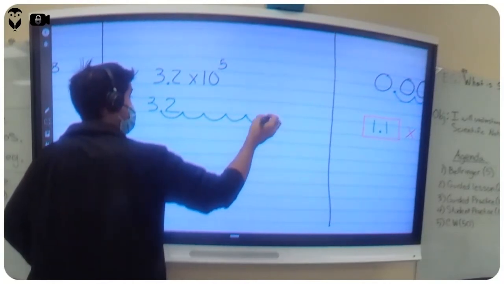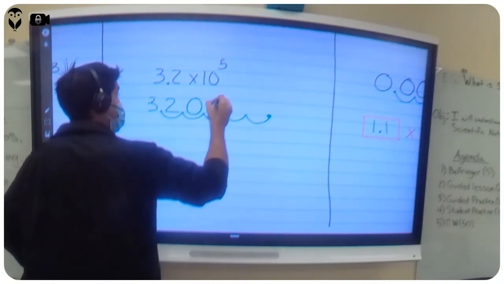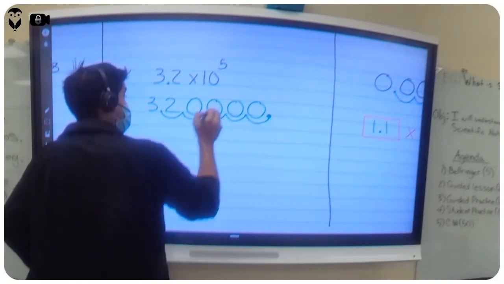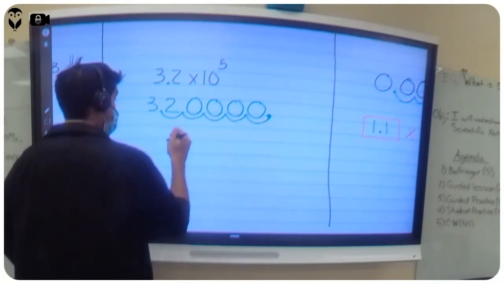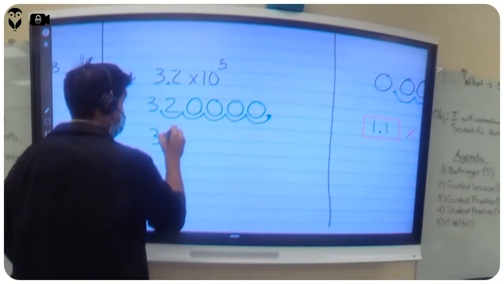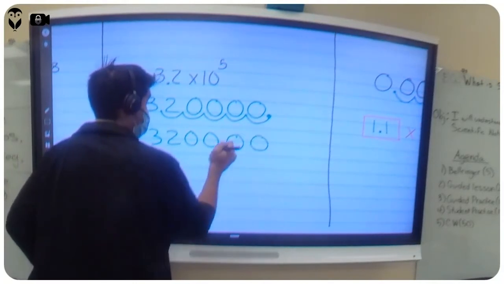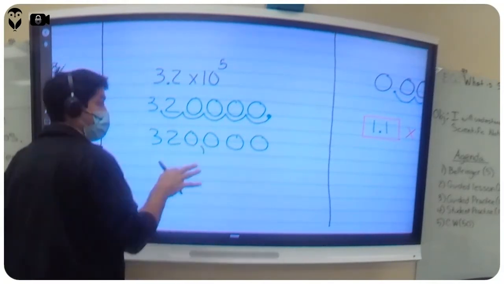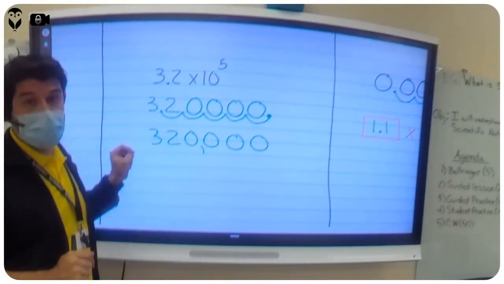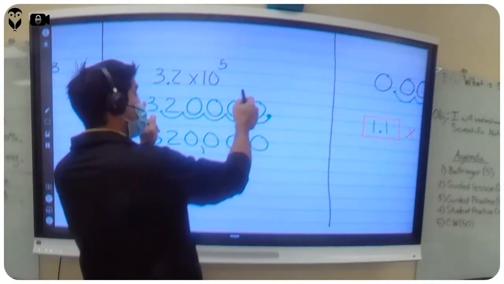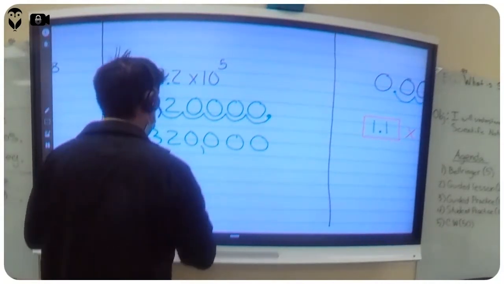Here's my new dot, and all of these should fill in with zeros. Now that I know what it's supposed to look like, I'm going to write my new number, 3, 2, 0, 0, 0, 0. Put some commas, perfect. If you leave this answer, it's incorrect. You've left a number with 2 decimal points. So make sure it looks like that.